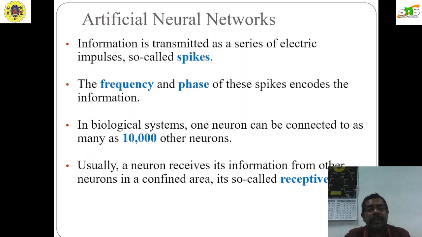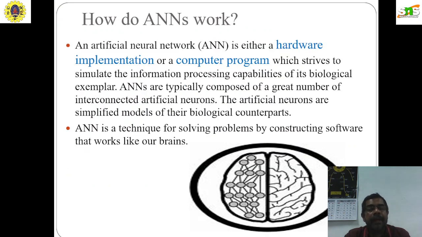In a biological system, one neuron has connections with about 10,000 other neurons. Usually the neurons receive information from other neurons in a particular area, which is called the receptive field. And how do ANNs work?